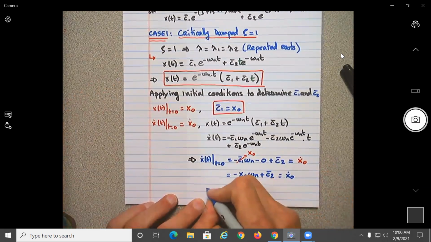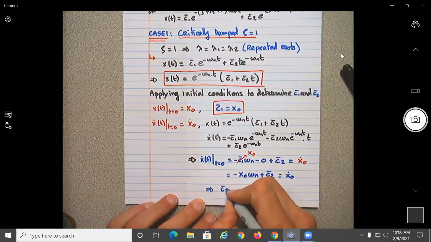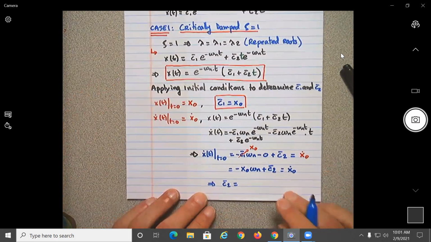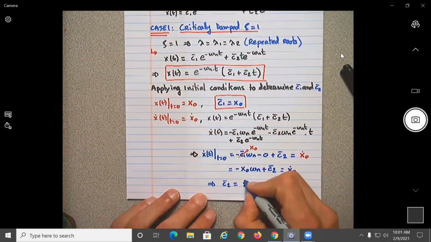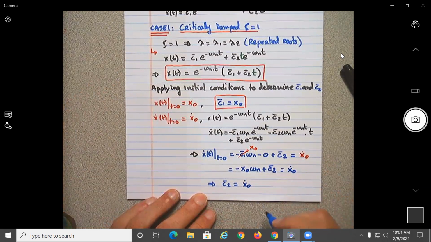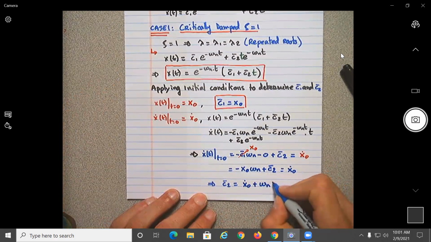Or from here, we can just say that c bar 2 will be equal to x dot naught plus omega n x sub naught.